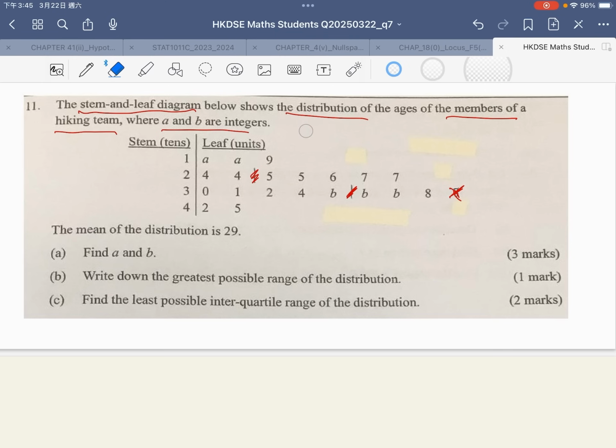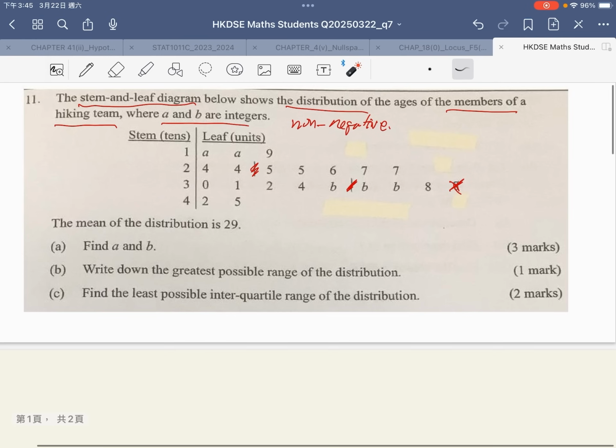No, non-negative, not positive, because it can be 0. The value of a lies between 0, 1, 2, 3, 4, 5, 6, 7, 8, 9. And here b is a value between 4 to 8.